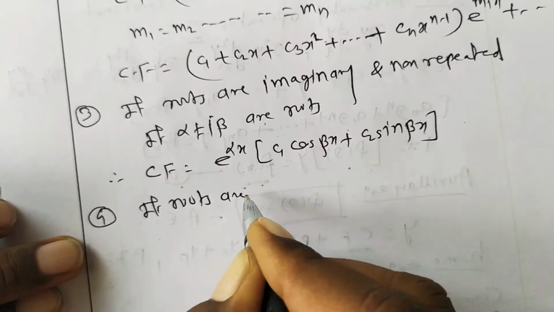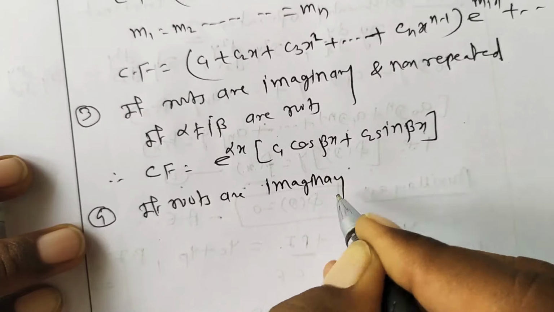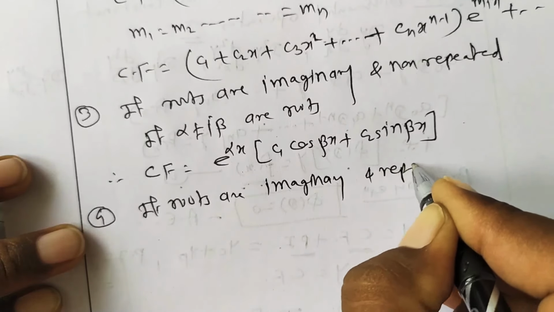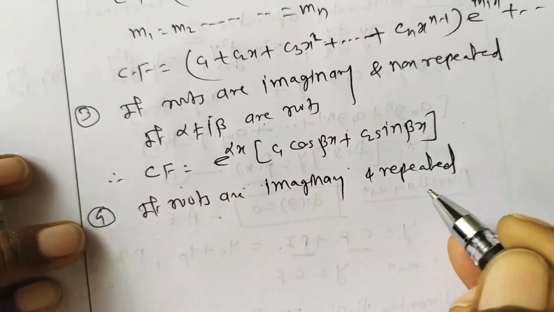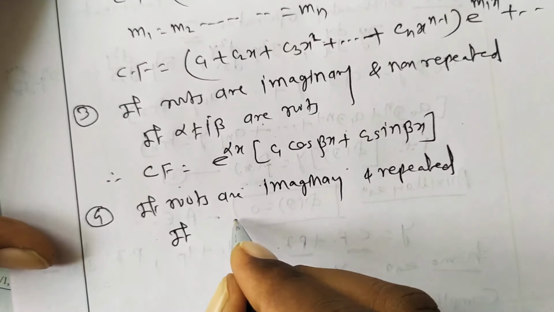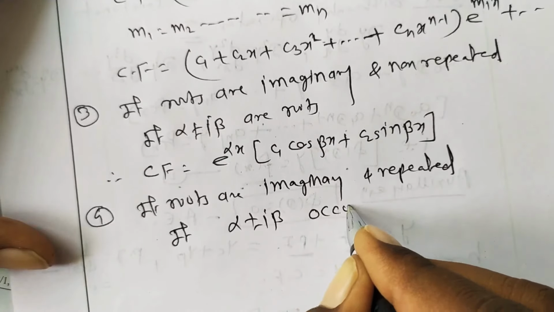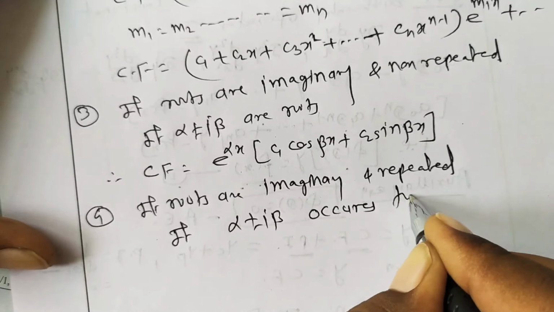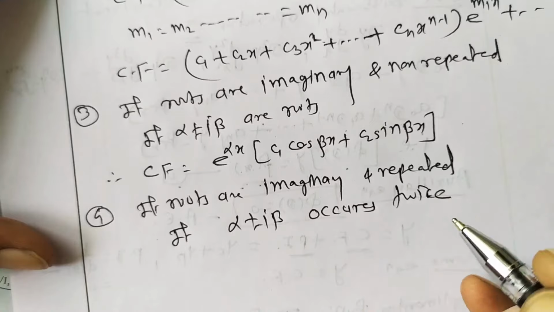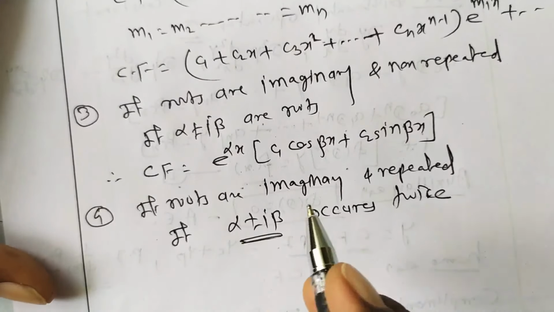And the last possibility is if roots are imaginary and repeated, meaning alpha plus minus i beta occurs twice, so in total there are 4 roots.